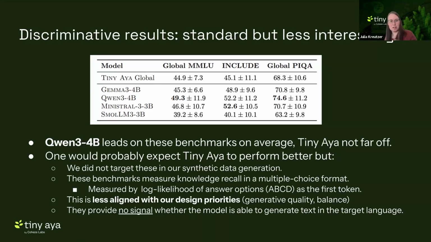Also, they measure knowledge recall in multiple choice formats. It's measured by the log likelihood of the first character in the response, which is not at all representative of what a natural, generative answer would look like for this kind of question. So it does not provide any signal on whether the model is able to generate text in a target language. You can see this here as well.